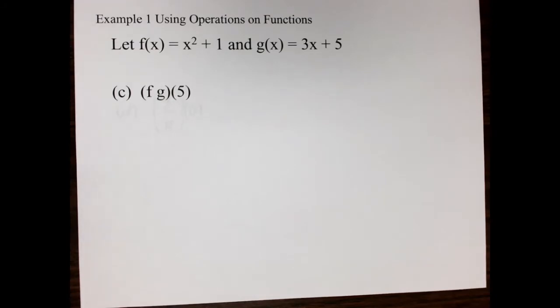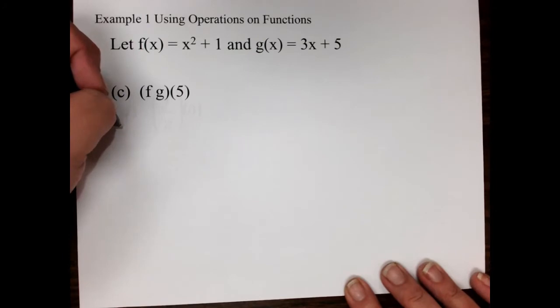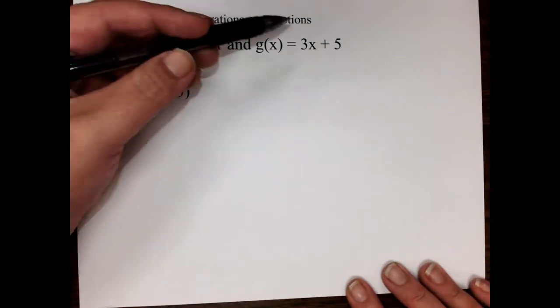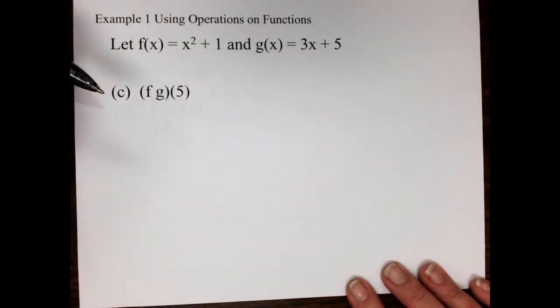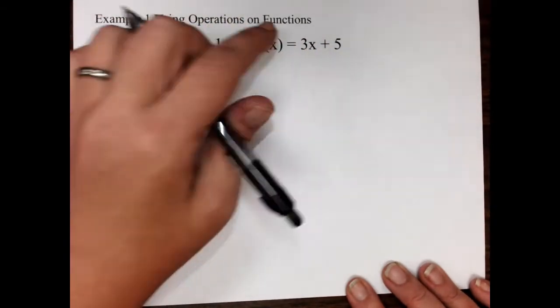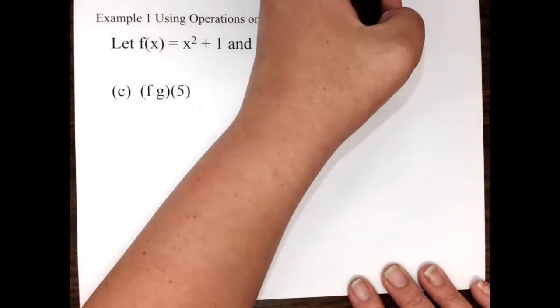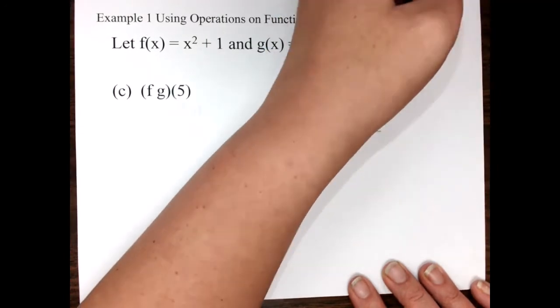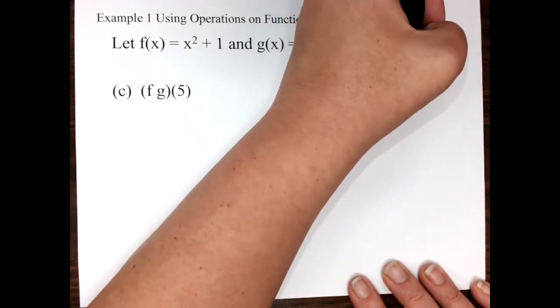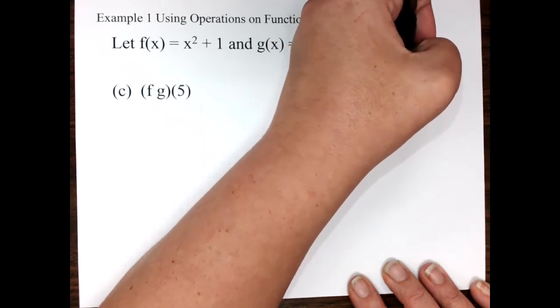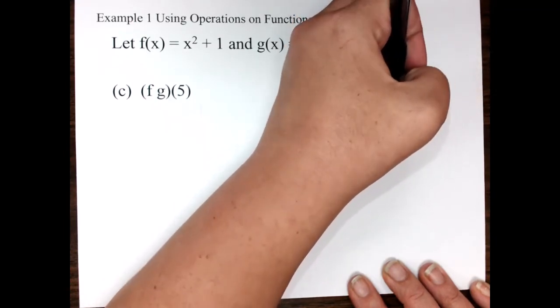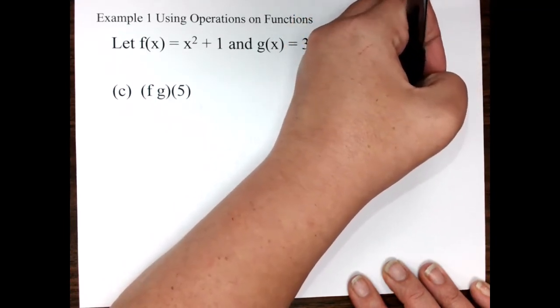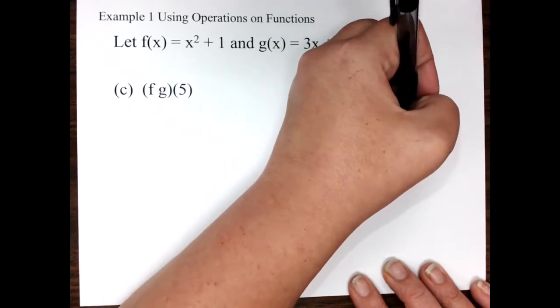Okay, here we've got an example of a multiplication. I want to take the function f and multiply it by the function g. And these both have two terms, so I am going to have to FOIL. I need to multiply the first pair, the outside pair, the inside pair, and the last pair.